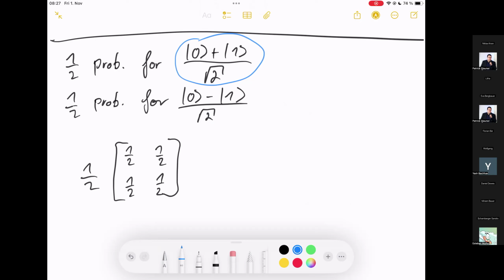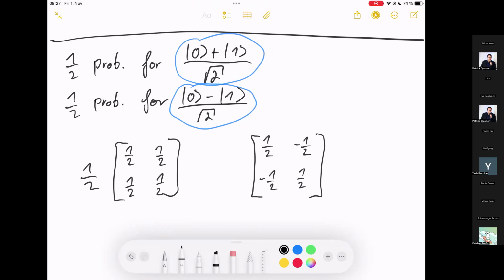And if you say that this is now your cat and you build the outer product with its bra, what this will get you is, and you're free to try this at home on your own, a different matrix. It's 1 half here minus a half, minus a half, and a half.